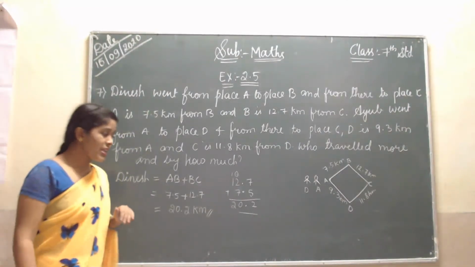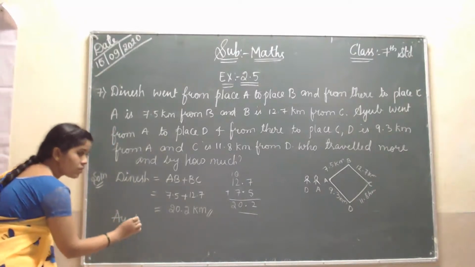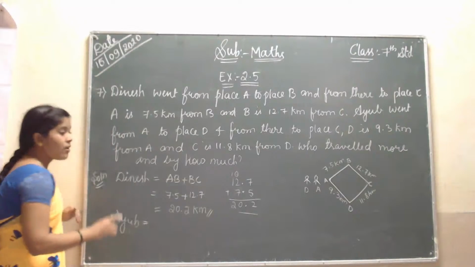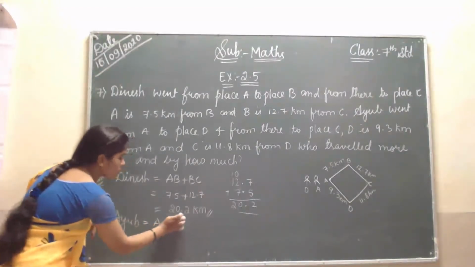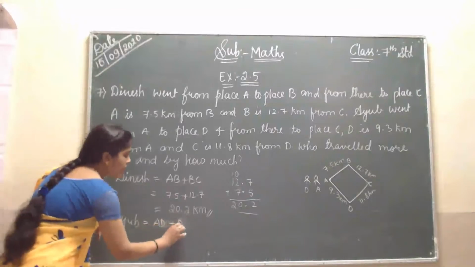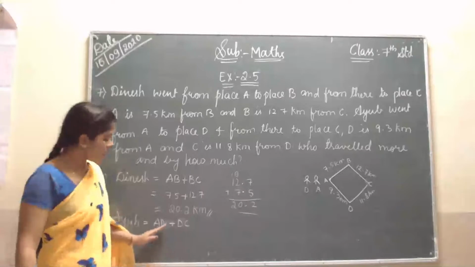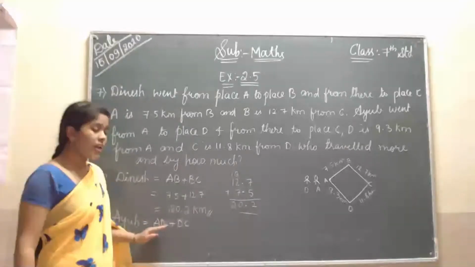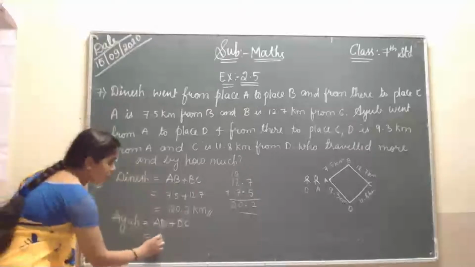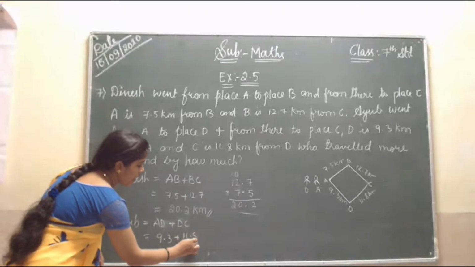Now we have to see Ayub's. Ayub went from A to D, D to C. What is the AD distance? 9.3 plus 11.8.